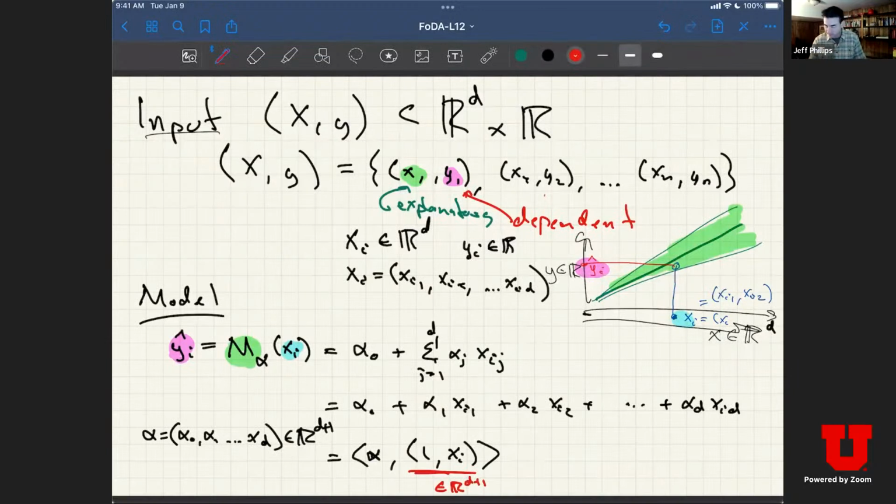Okay, so this is equal to alpha dotted with the vector (1, xi1, xi2, up to xid). So I've taken x and I've added a 1 in front of it, and now it's a d plus 1 dimensional vector, and the linear model is just going to be a dot product.